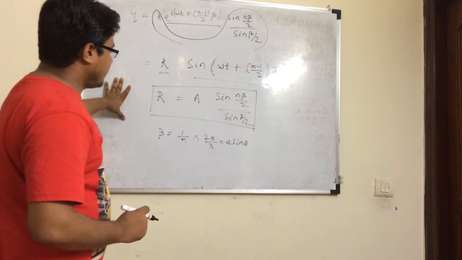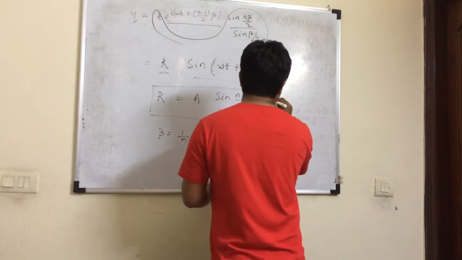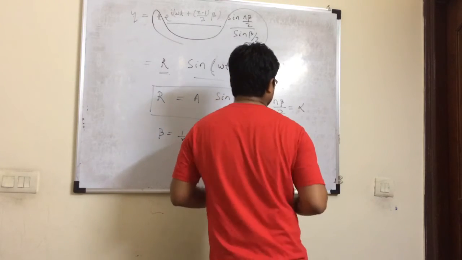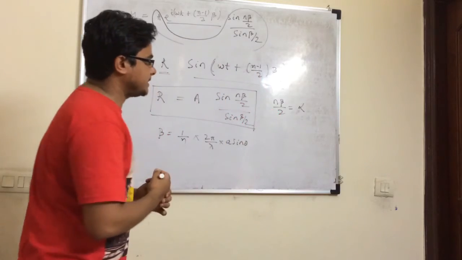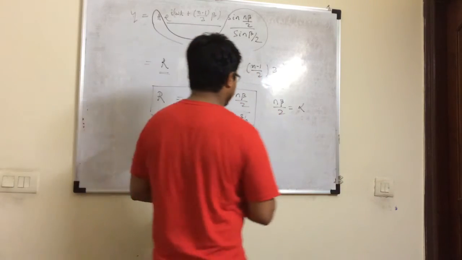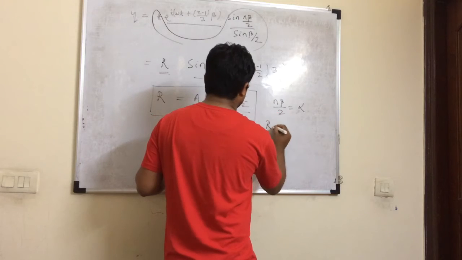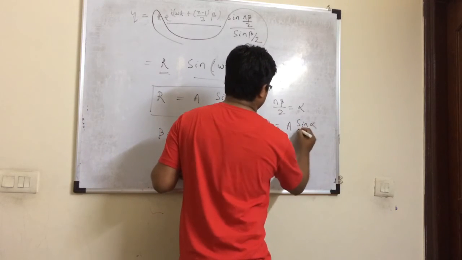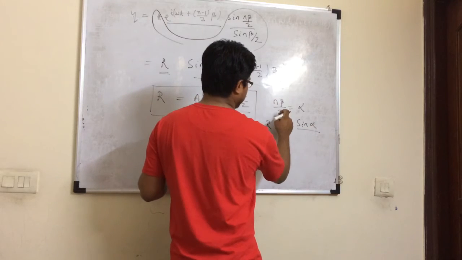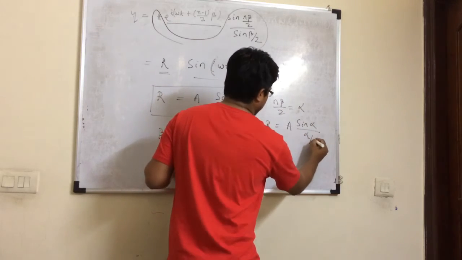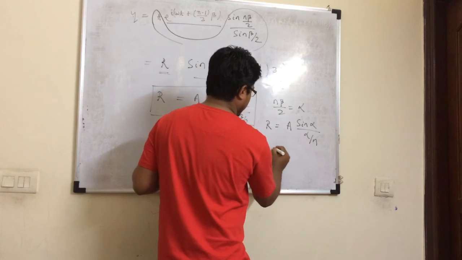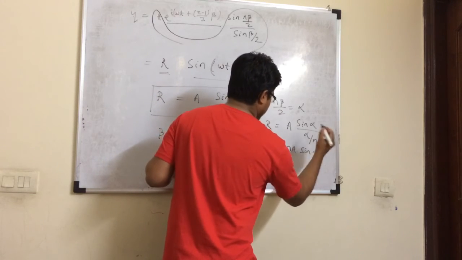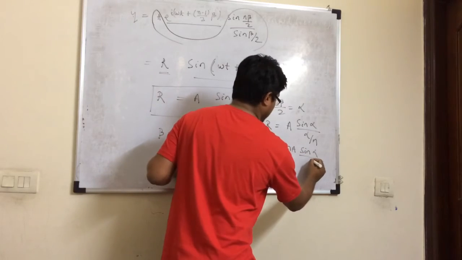So if I take n beta by 2 as alpha, then we can write this as r equals a times sine alpha divided by, since beta by 2 will be alpha by n, r equals n times a, sine alpha divided by alpha.